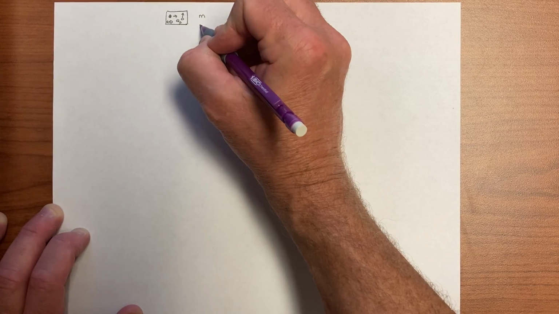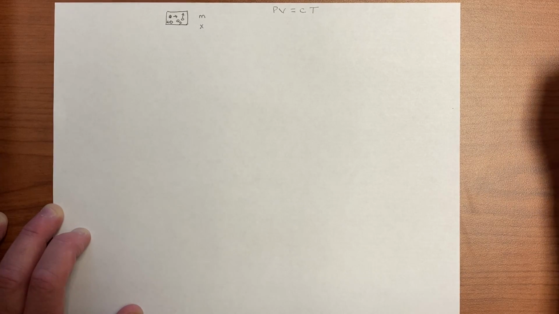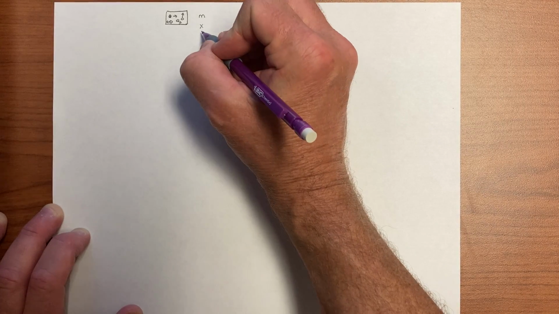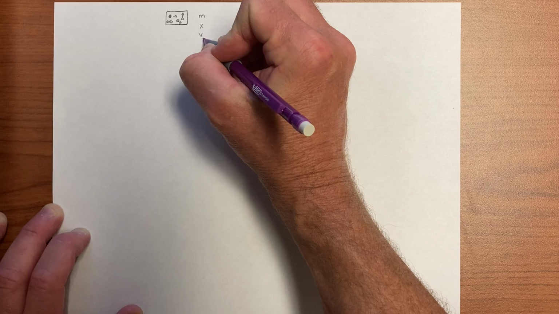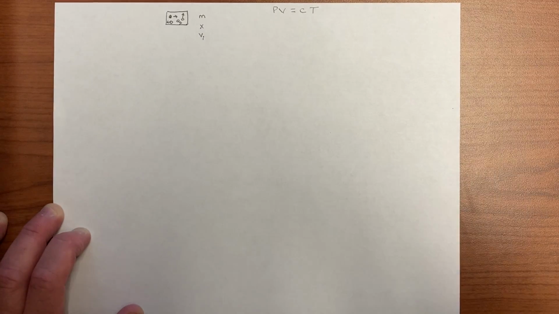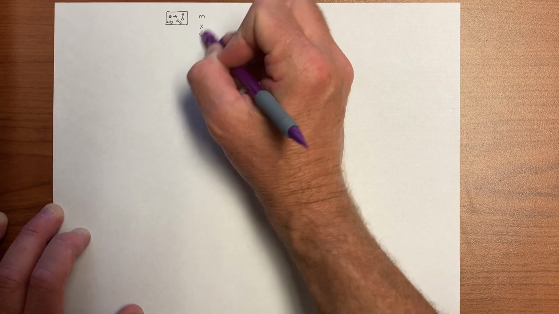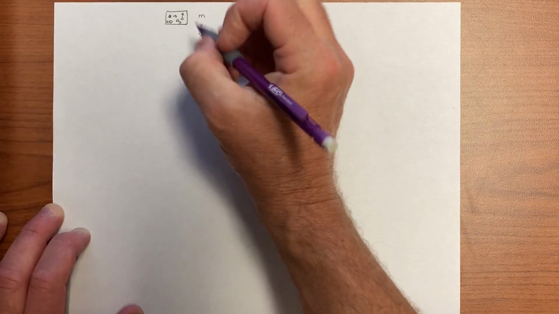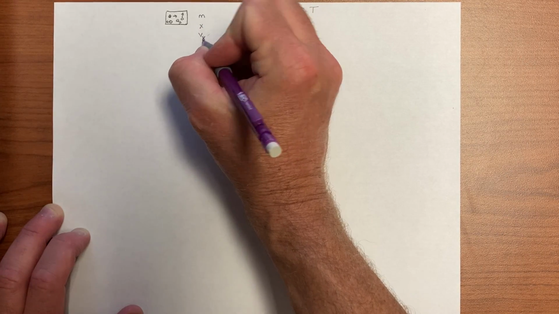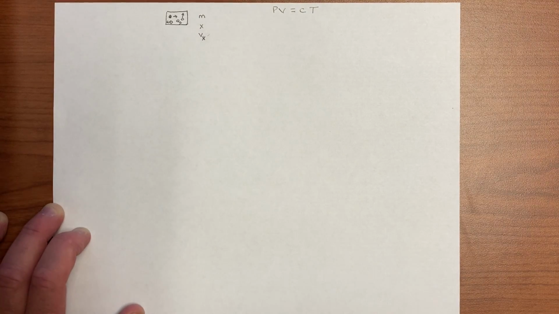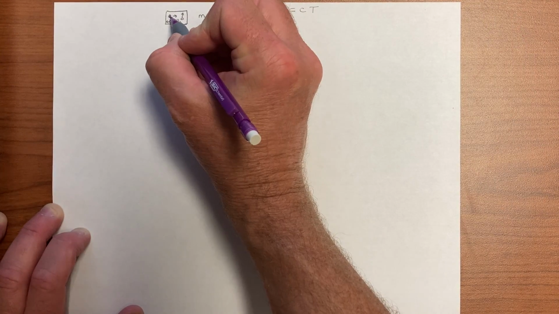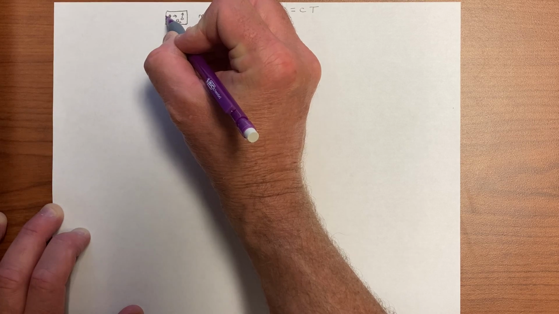And it has some speed, let's call it vi. Well, if we're going to consider horizontal, let's call it Vx. And so it starts here, travels a distance x, and comes back here.